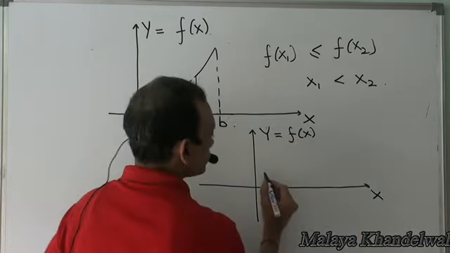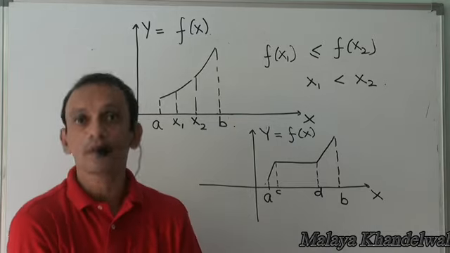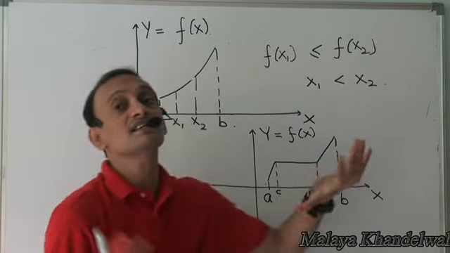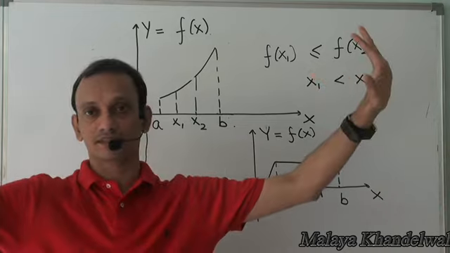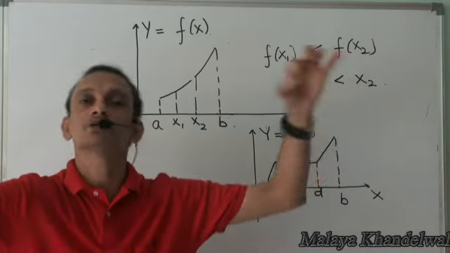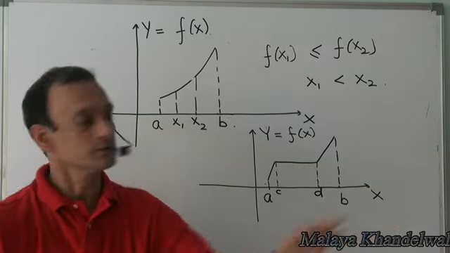This also is monotonically increasing in the interval a to b, even though the value of the function at two or more points may be the same. But for sure, as x increases, f(x) does not decrease. Non-decreasing function, that's monotonically increasing, right?